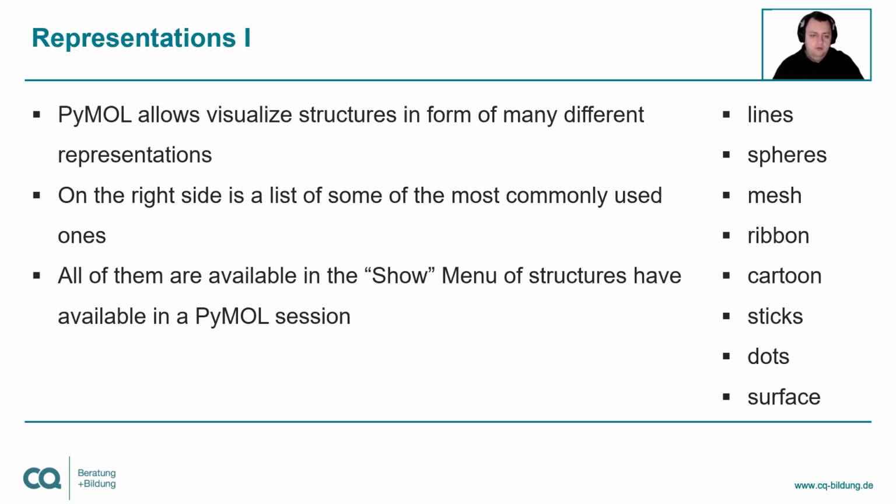The most commonly used representations are shown here on the right side, with lines, spheres, mesh, ribbon, cartoon, sticks, dots, and the surface representation. All of these representations are available in the Show menu in the structure sidebar, available in the PyMOL session.